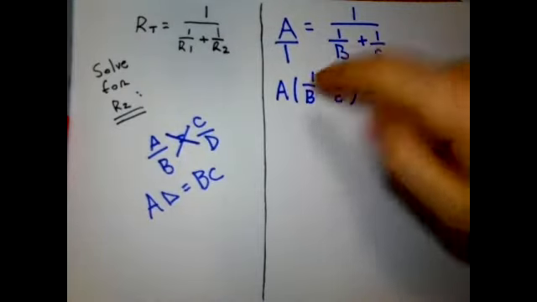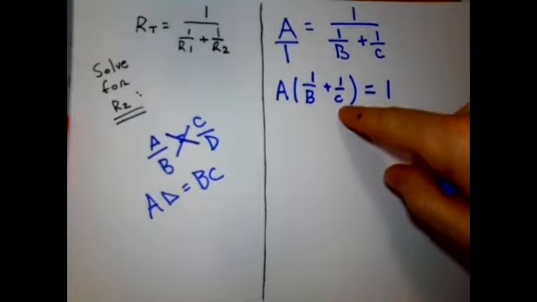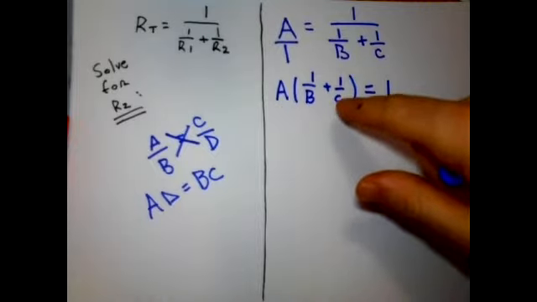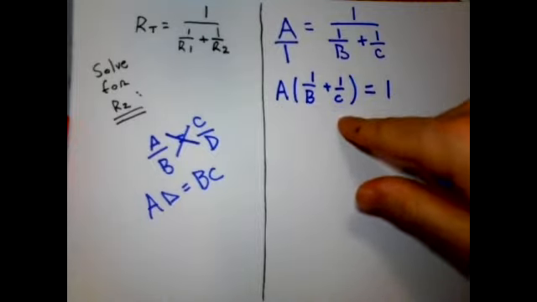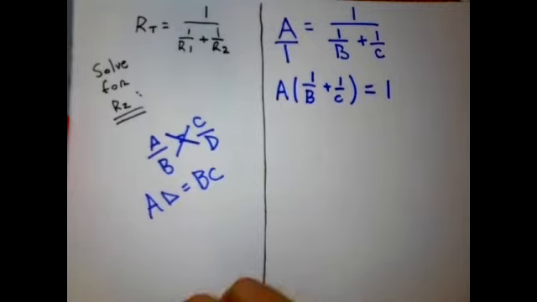Okay. I'm trying to get to C, so you always want to keep an eye on the letter you're trying to get to. Currently, A is being multiplied by this mess in the parentheses. If I want to undo two things that are being multiplied, forget that it's a big mess.